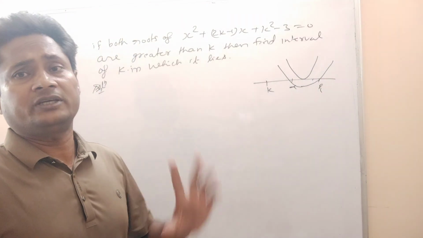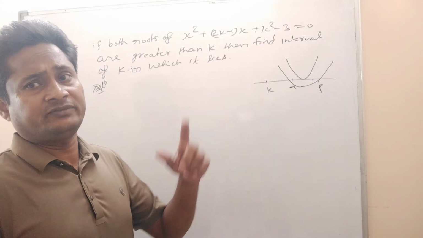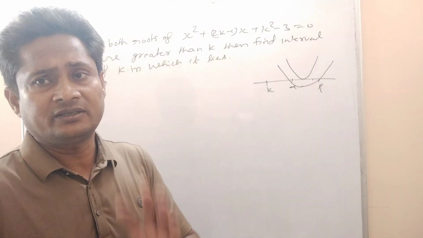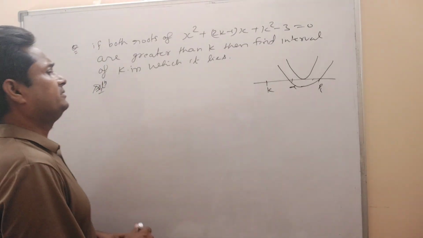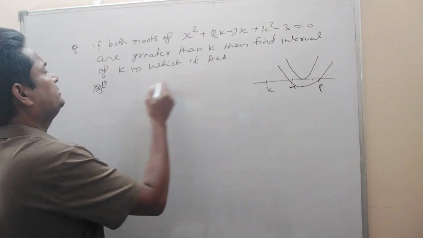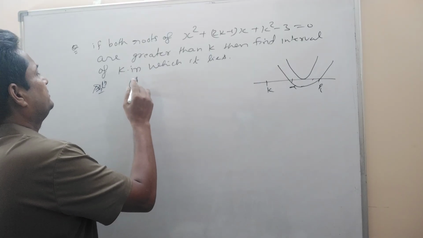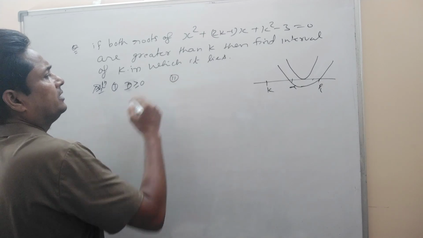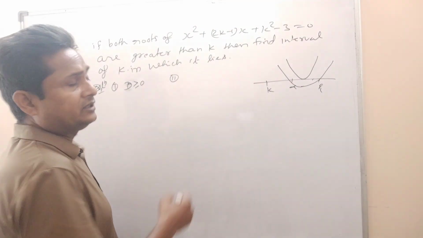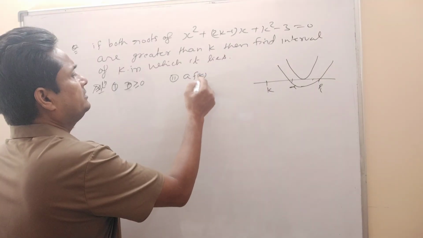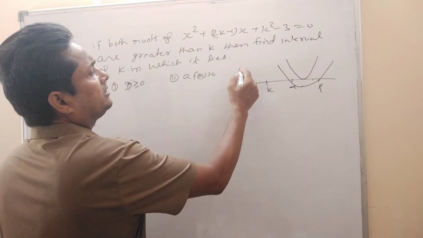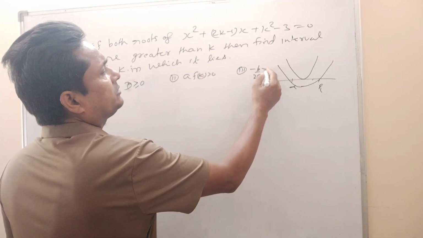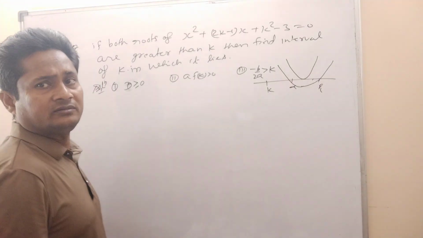I told you two cases. In the first case, both roots are less than a number k. In the second case, both roots are greater than a number k. In this case, the first condition will be D must be greater than or equal to 0, the second condition will be A f(k) will be positive, and the third condition will be minus b by twice a will be greater than k.